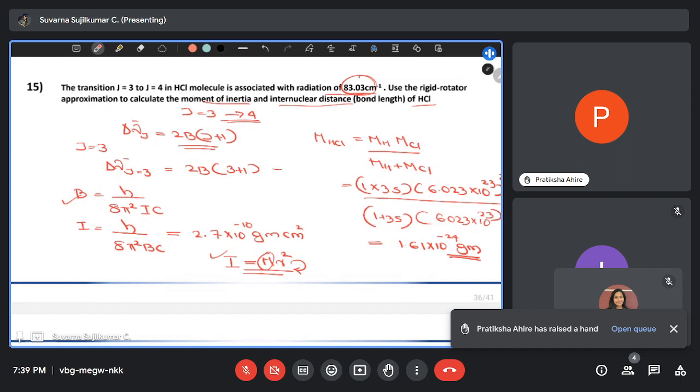Okay, so now we know the moment of inertia. We already know the reduced mass from the HCl formula. Now we can easily find the R value.